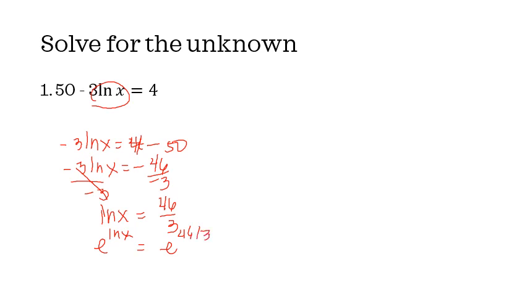We try to change the base. So this is equal to, by the inverse property, x. And we have e raised to 46 over 3. If we input this in our calculator, the x value now is e raised to 46 over 3.